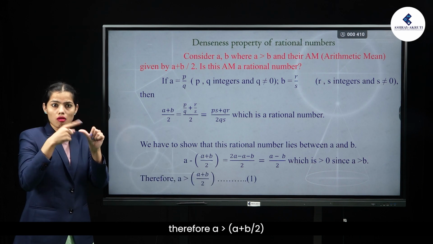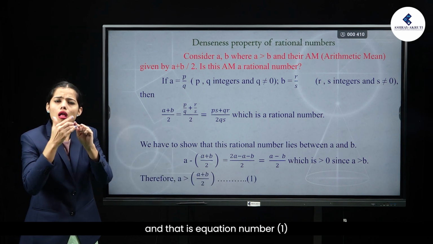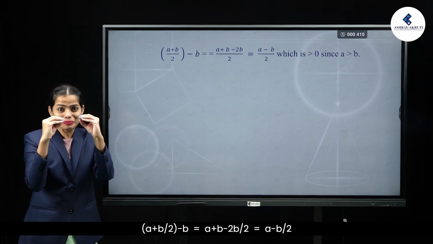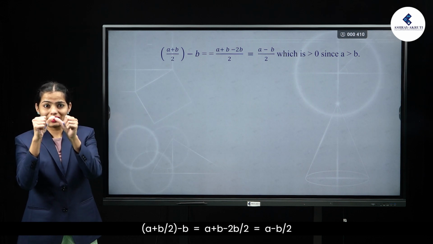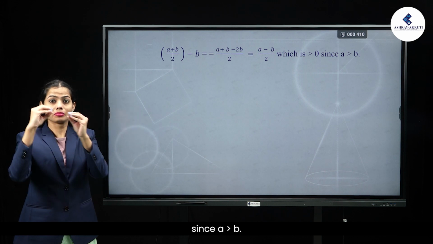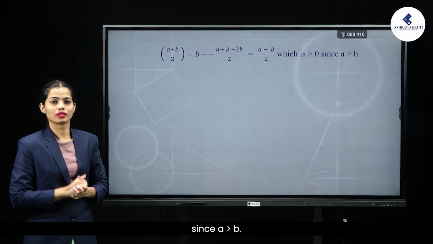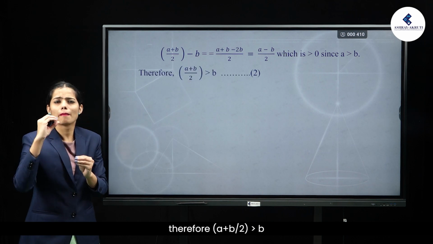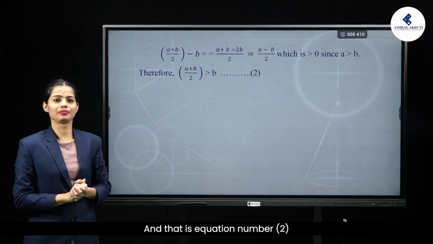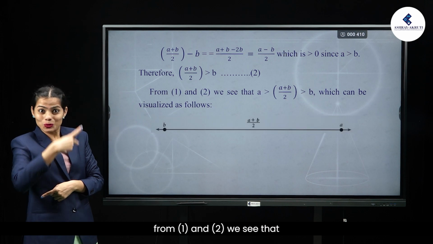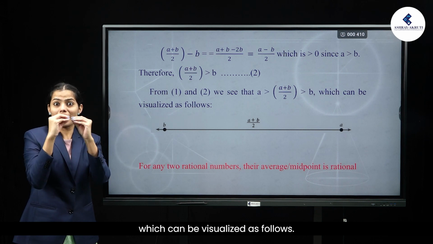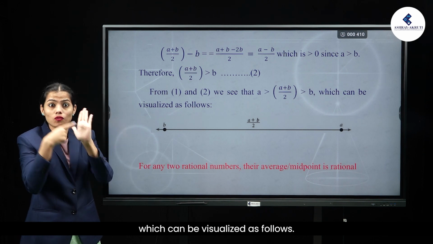Therefore, a is greater than (a + b)/2, and that is equation number 1. (a + b)/2 minus b is equal to (a + b - 2b)/2 is equal to (a - b)/2, which is greater than 0 since a is greater than b. Therefore, (a + b)/2 is greater than b, and that is equation number 2. From 1 and 2, we see that a is greater than (a + b)/2, which is greater than b, which can be visualized as follows.